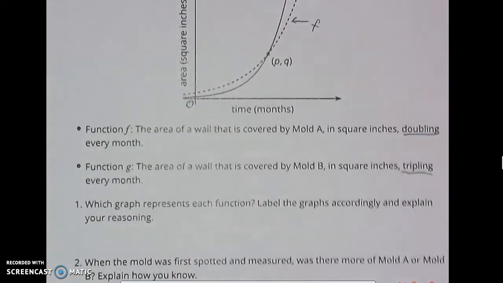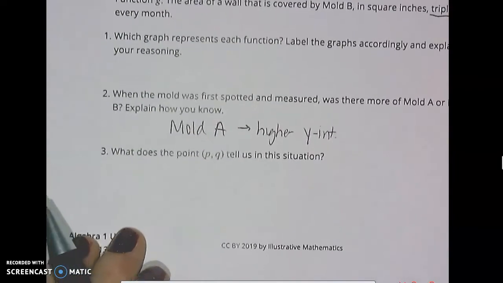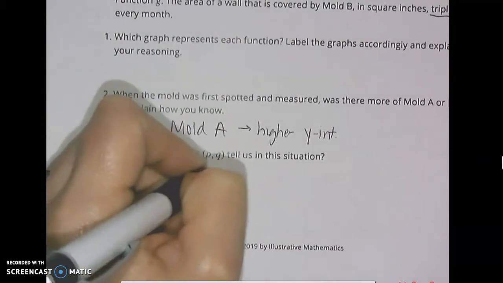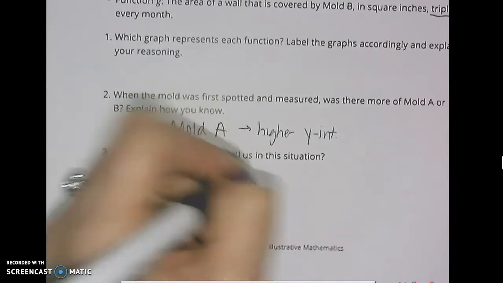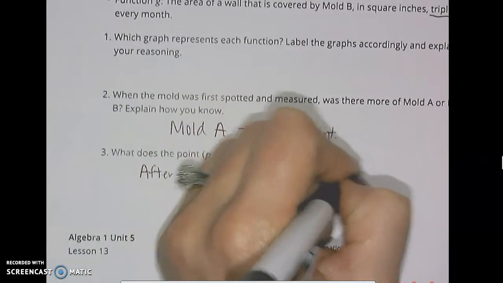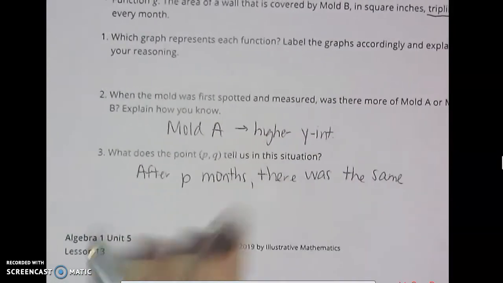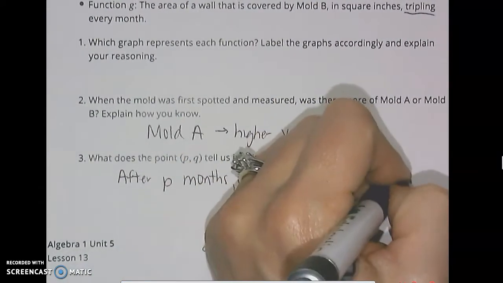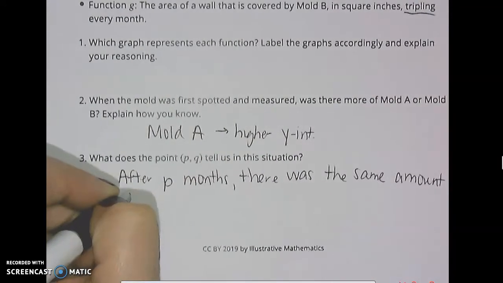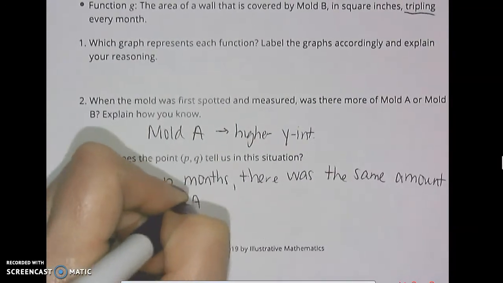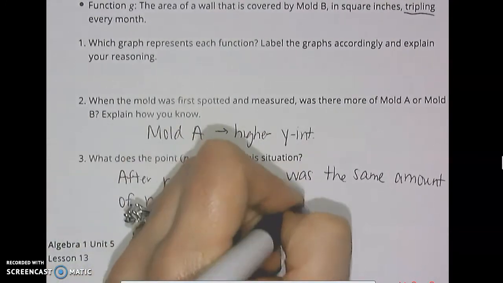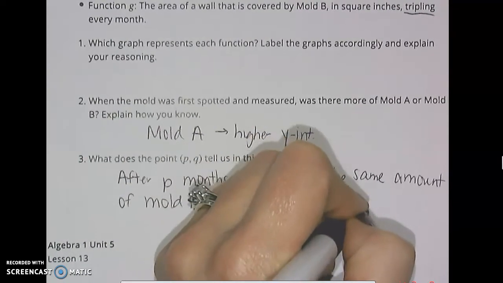So that means if P is our input and that's time in months, we would say after P months, there was the same amount of mold A and mold B, and that would be Q square inches.